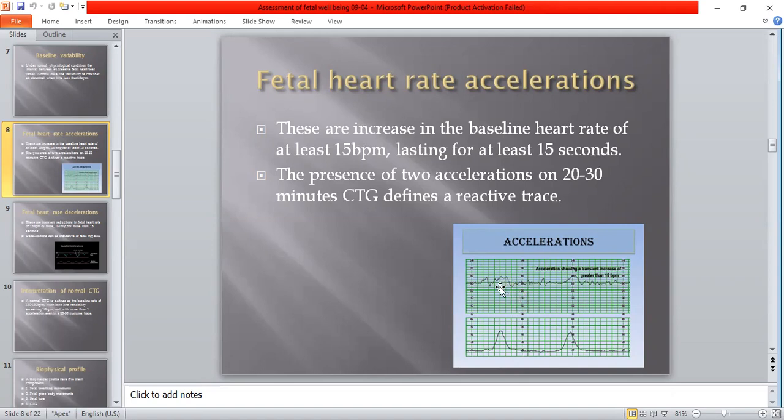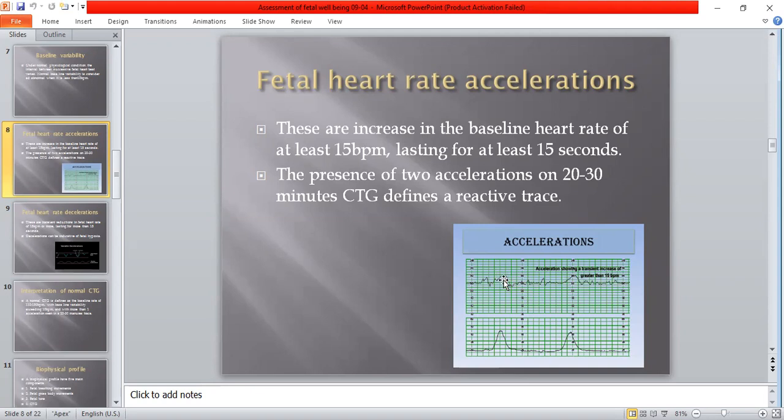This is the baseline fetal heart rate, and this is acceleration, that is an increase in the fetal heart rate of at least 15 beats per minute, and it lasts for more than 15 seconds.